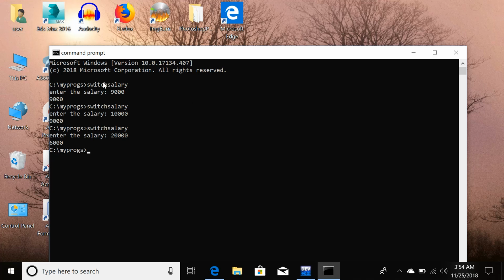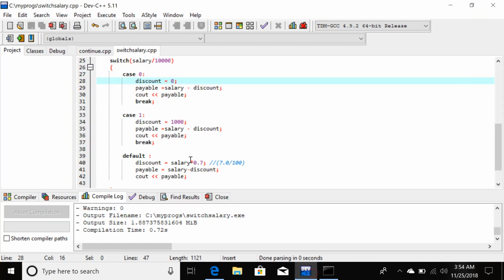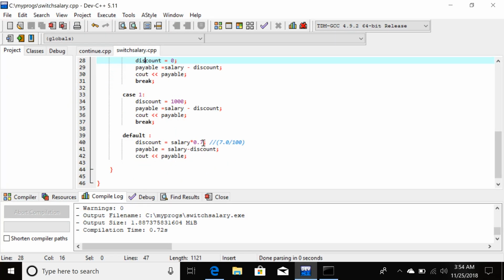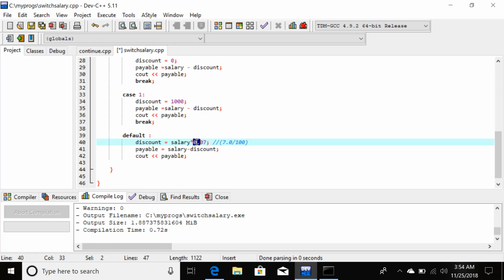on 20,000, wow, the discount is about 14,000. How? Okay, it is 70%. Oh, the discount is not 70%, it is 7%, so it is 0.07, because 7.0 divided by 100 will generate 0.07, not 0.7. 70 divided by 100 will generate 0.7.